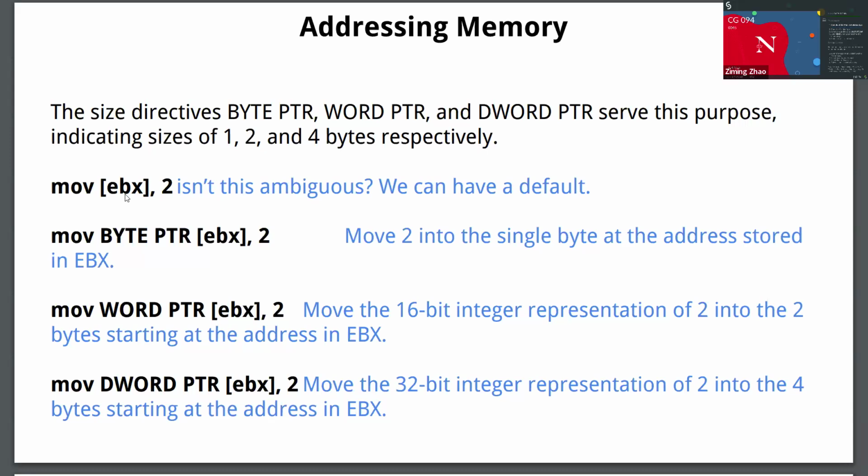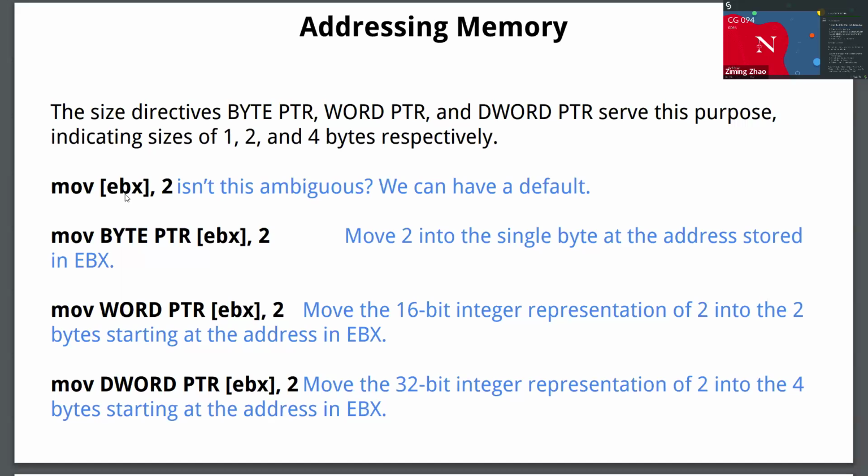The number 2 can be represented with 1 byte, and it can also be represented with 4 bytes. And we only specify the memory location EBX, which is actually a starting address, right? So this instruction is ambiguous because we don't know how many bytes we're actually moving. The CPU doesn't know that. So this is not really a valid instruction, okay?